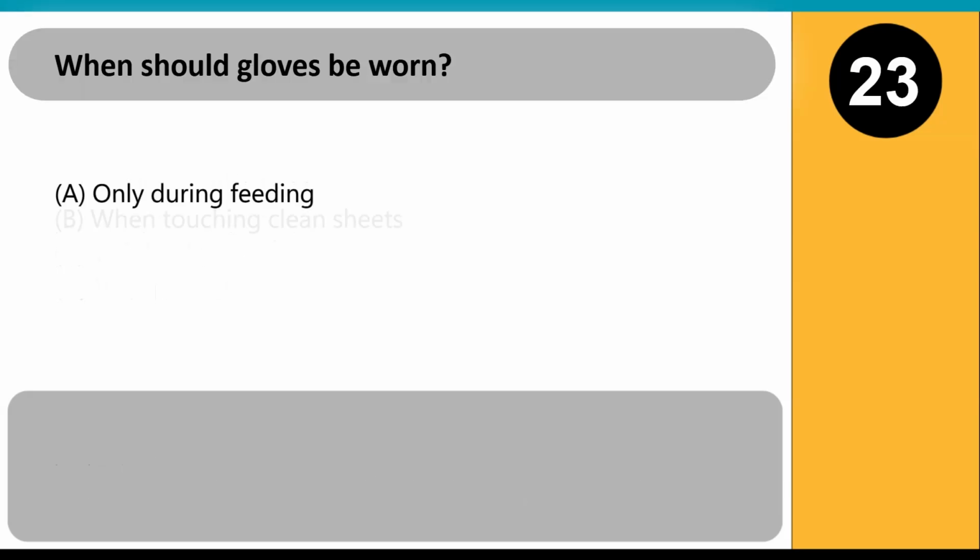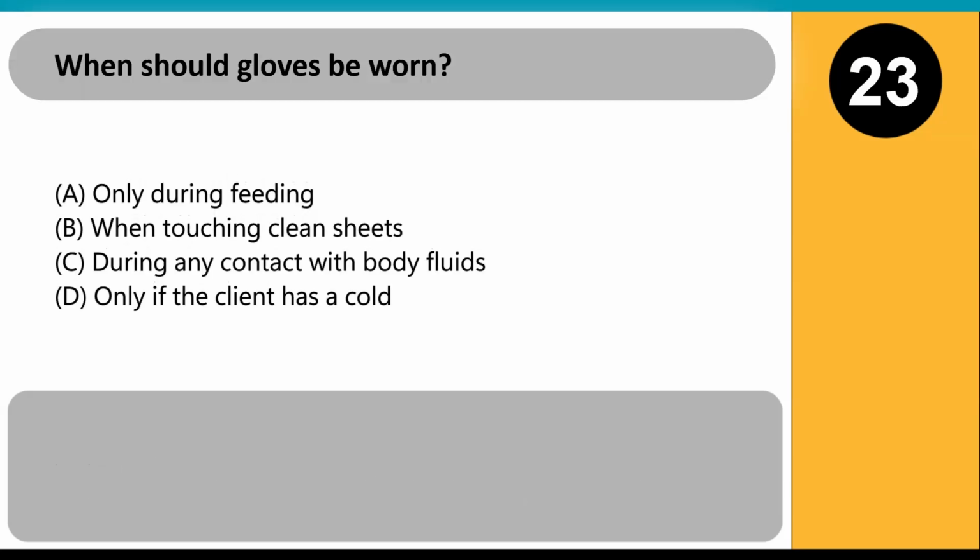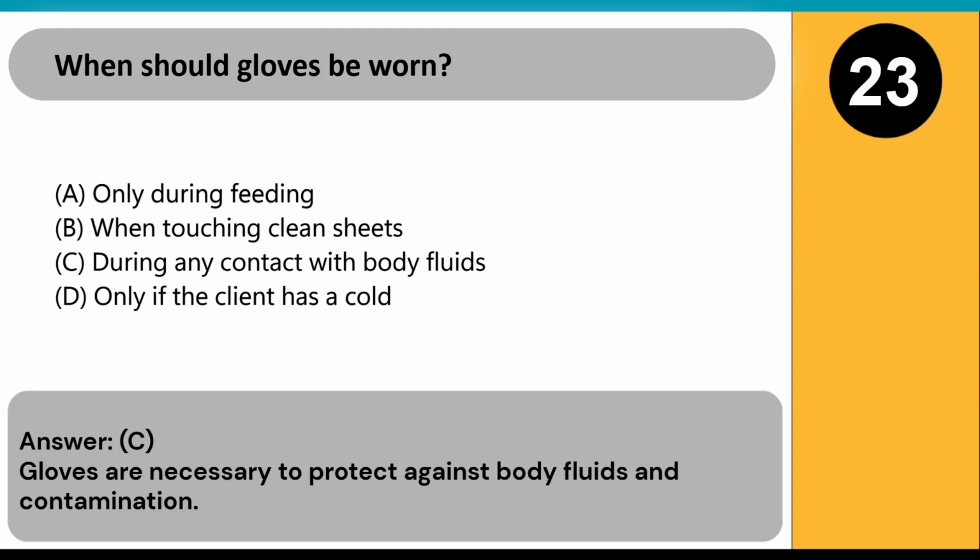When should gloves be worn? A. Only during feeding. B. When touching clean sheets. C. During any contact with body fluids. D. Only if the client has a cold. Answer: C. Gloves are necessary to protect against body fluids and contamination.